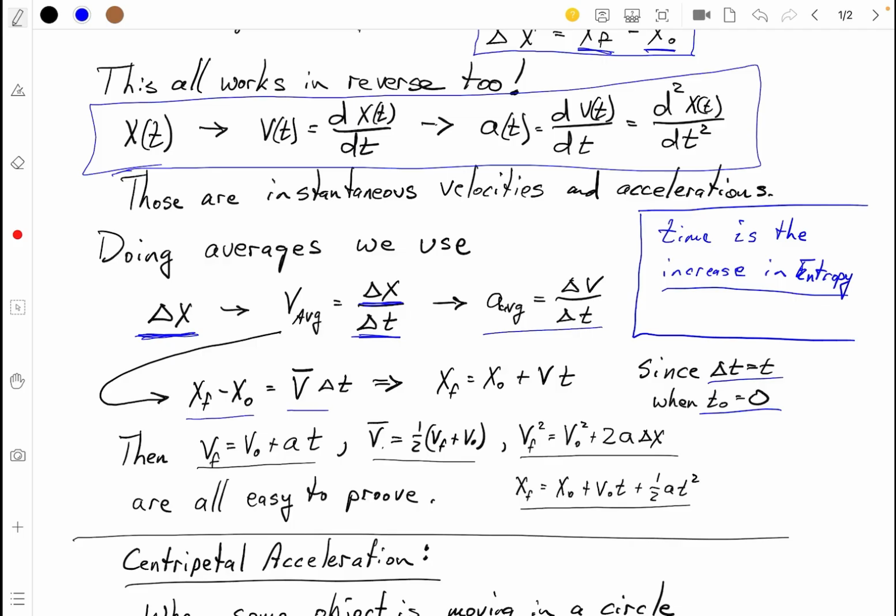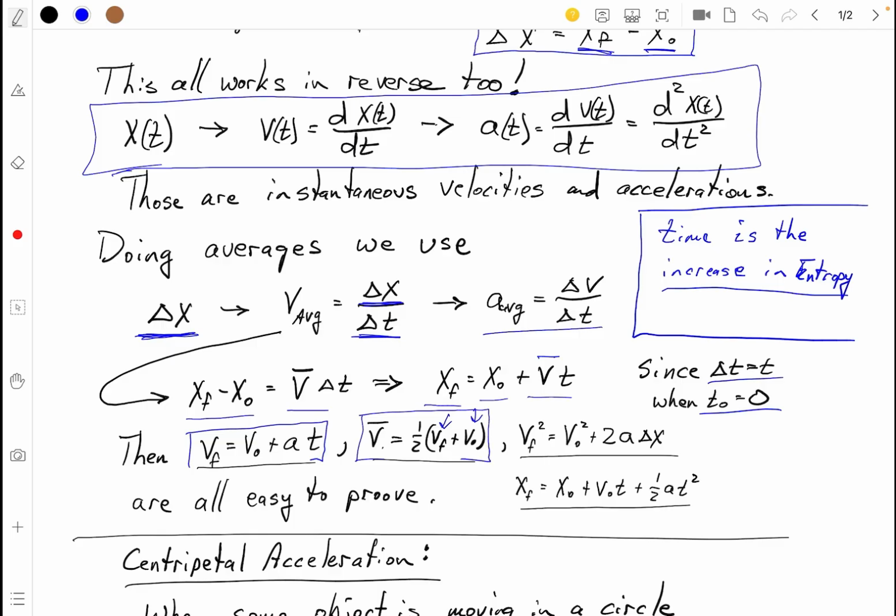That leads us to our x final equals x initial plus our v average times time. The same thing goes for the acceleration average, and that's going to give us this equation, okay? And if you really want the average, you can take the final, add it to the initial velocity, and then you get your average velocity.